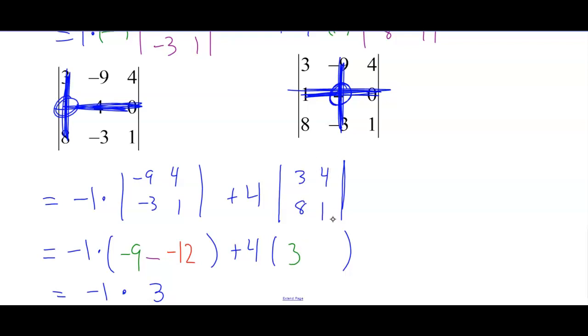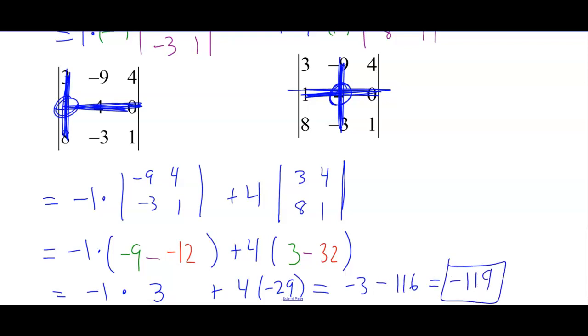The upward diagonal, 8 times 4 is 32. You subtract them, that makes, let's see, what is that? -29. So we've got -3 and -4 times, positive 4 times -29, which is 116. So we end up with a total overall value of -119 there.